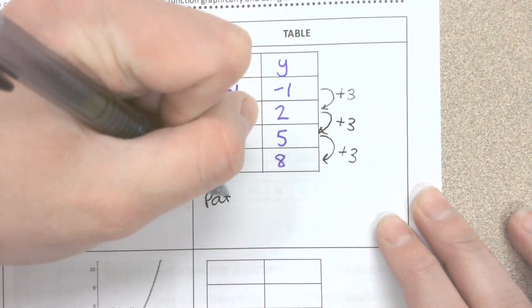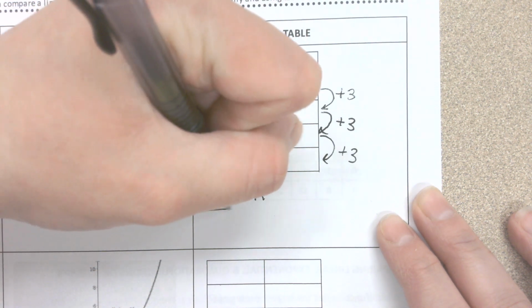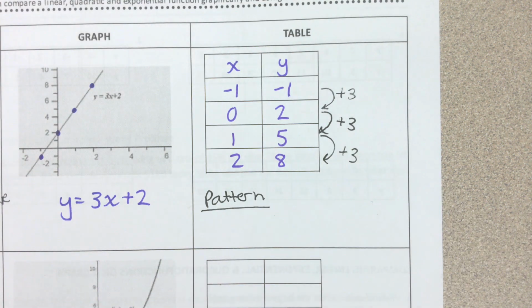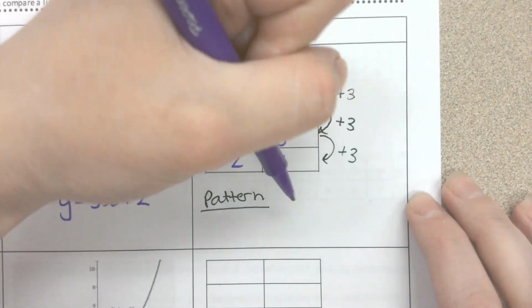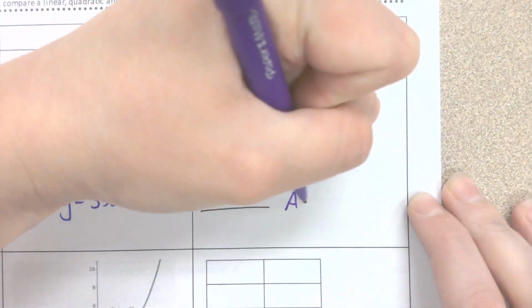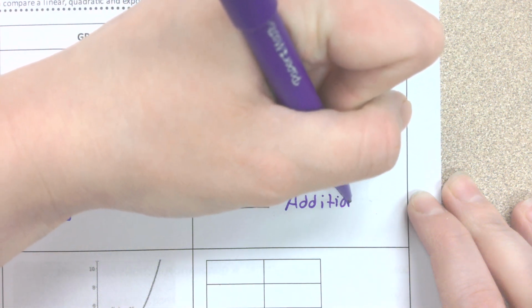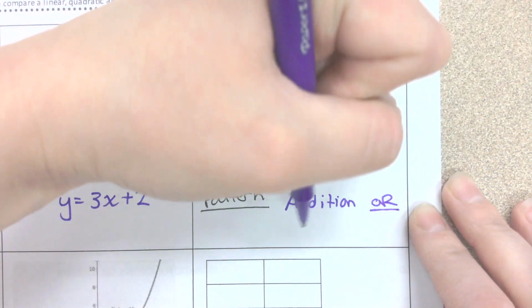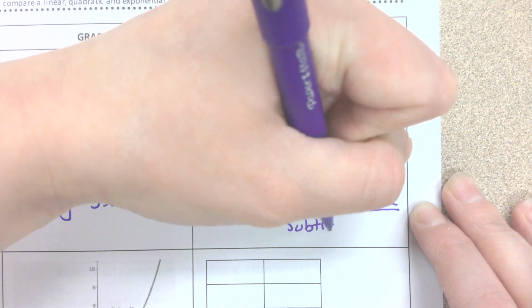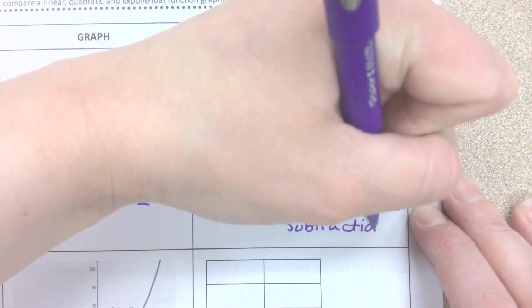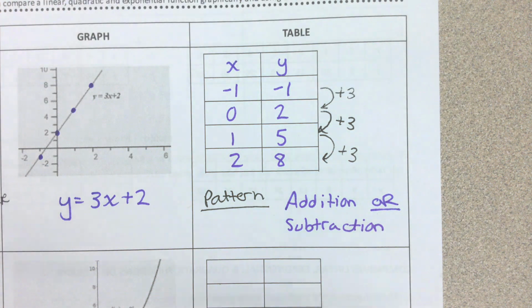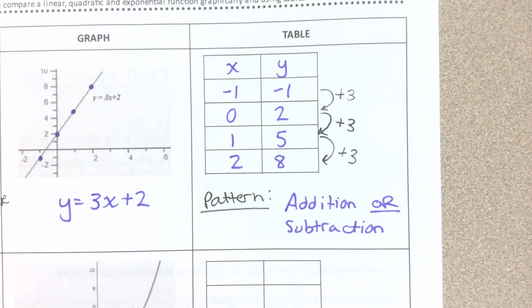The pattern for a linear function is addition or subtraction. So if that's what's going on in your numbers, you know you have a linear function.